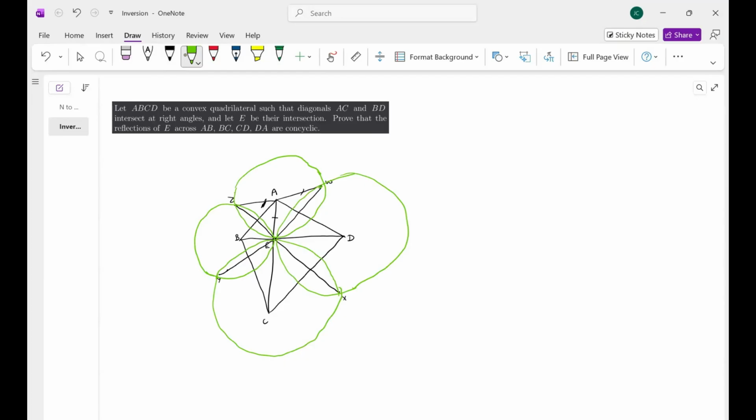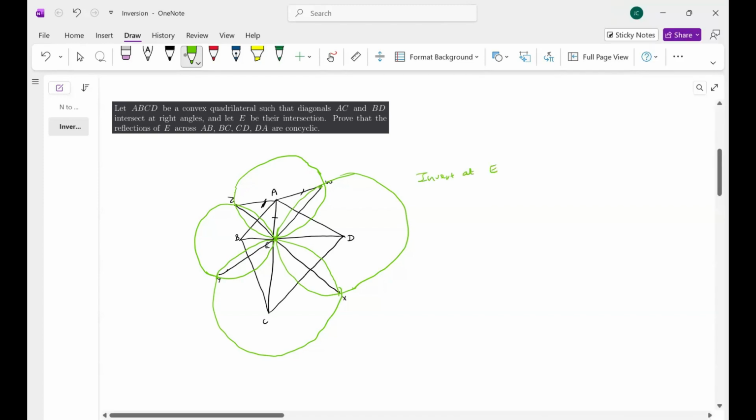Now we invert with arbitrary radius centered at E. Yes, so you have a bunch of circles passing through E, so inverting through E is sort of motivated here. So then what do you get?